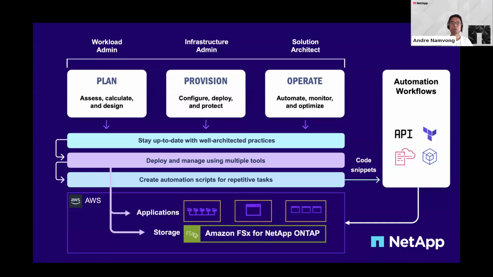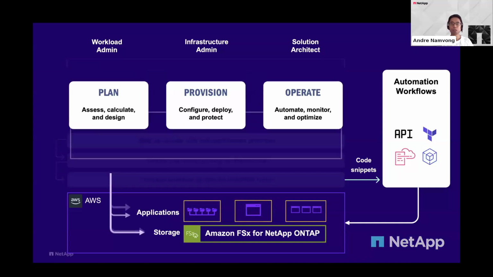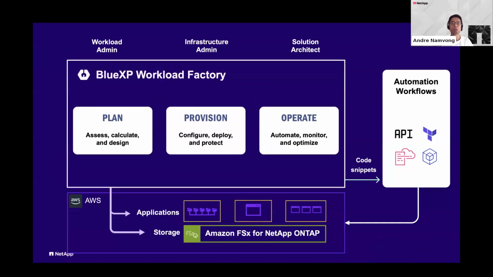So one good thing with Workload Factory is, first, that in the plan section, you'll be able to use the calculators to estimate the savings that you can get from using FSx for NetApp ONTAP, and also to prepare for the deployment of your file system.